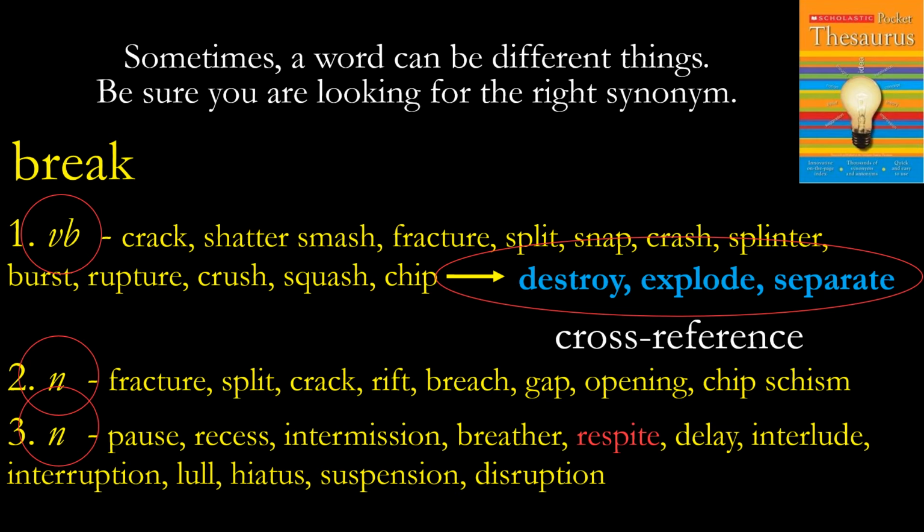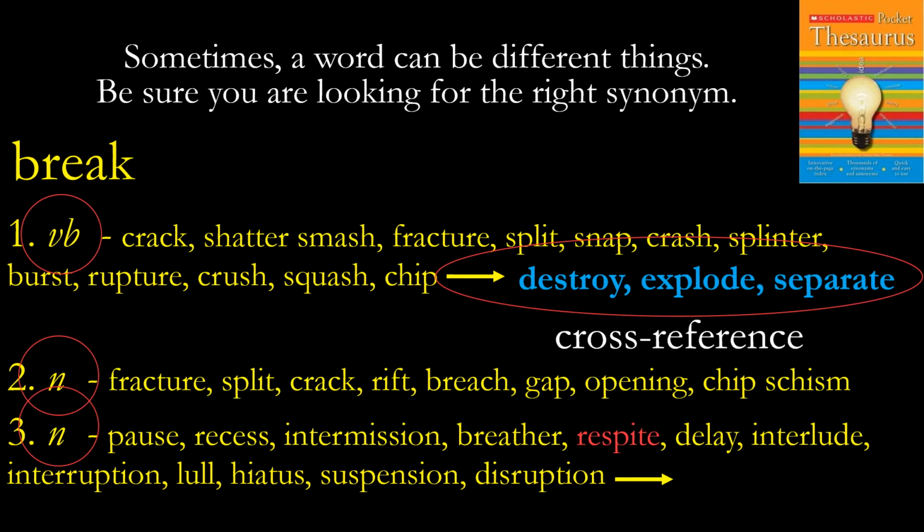But now let's imagine this isn't really what I wanted. Well, in your thesaurus, there's a number 3 and another noun. And look at this one. It says pause, recess, intermission, breather. Ooh, look at this pink word. Now you might be looking at that and saying, oh, that says respite. But actually, no. That word is respite. So here's an important thing to remember.